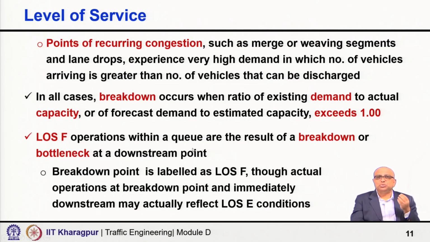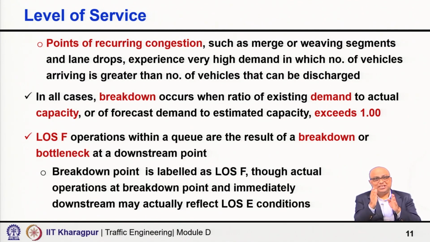LOS F operation within a queue is the result of a breakdown or bottleneck at the downstream point. Remember that we have this LOS F state within section A, but upstream of section B. So, the bottleneck is actually at the junction of A and B; there the bottleneck starts.